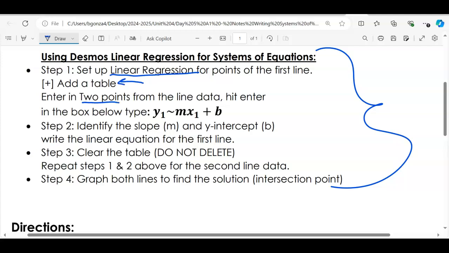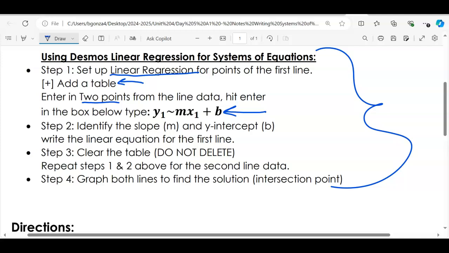If you know it's linear, you can use 2 points, okay? And then you're going to type below it y1 squiggle mx1 plus b. Hopefully that looks familiar from last month. And remember that little squiggle, it's not an equal sign. The squiggle is on the top left in your keyboard, shift. It's called a tilde, but I call it a squiggle.